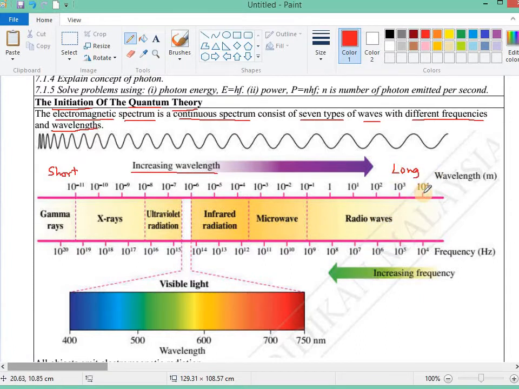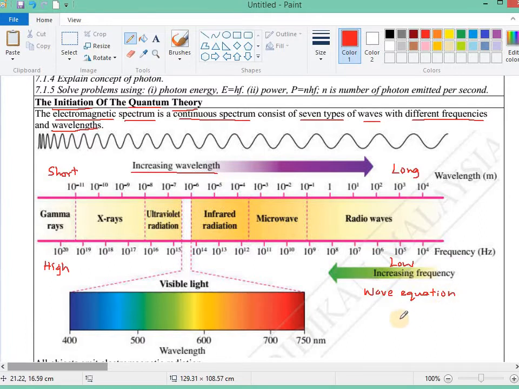Okay, long wavelength. So as the wavelength goes from short to long, the frequency will be the opposite: from high frequency to low frequency. This relationship between the wavelength and the frequency is something that we also learned in Form 4, which is the wave equation, if you still remember.